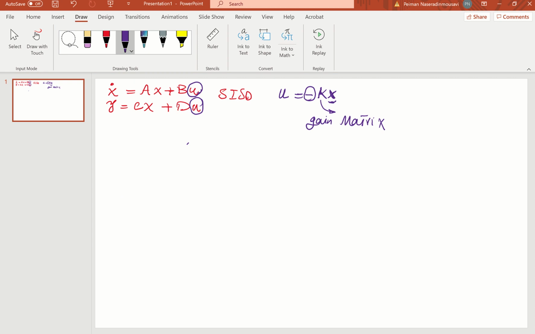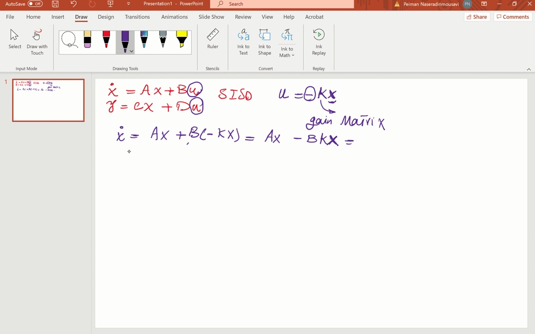So now let me implement this u inside this equation. So x dot is going to be Ax plus Bu, which is minus Kx. Simply it is Ax minus BKx, and I'm writing x as a vector because these are state variables.